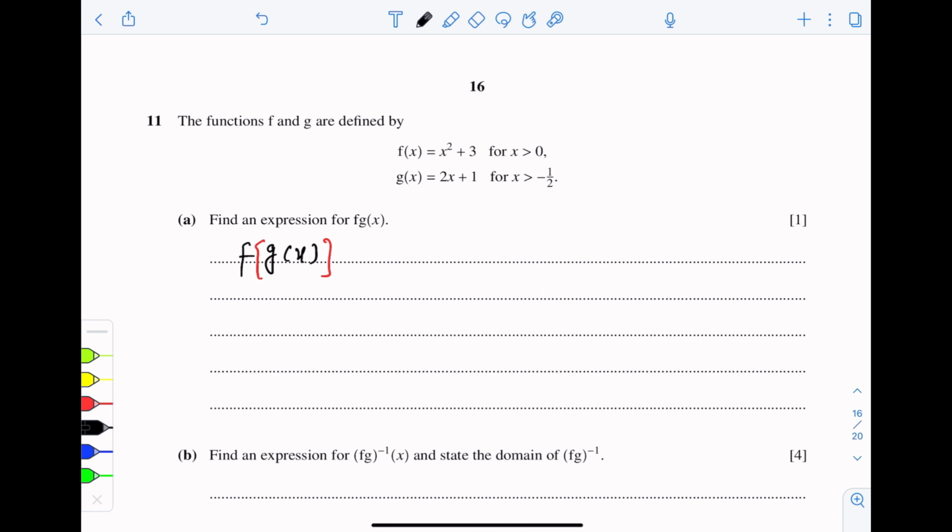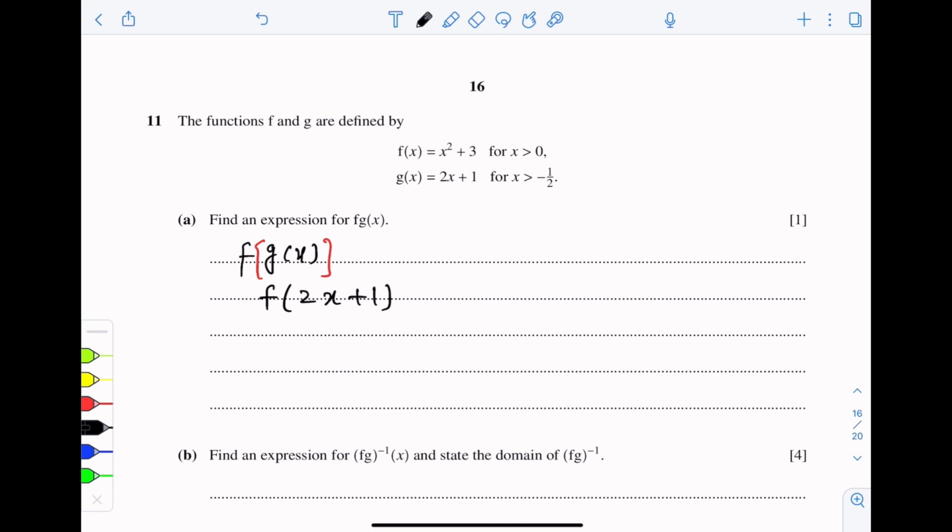The inner function is g(x). In place of g(x), we will put g(x) is 2x + 1. So here we put 2x + 1.